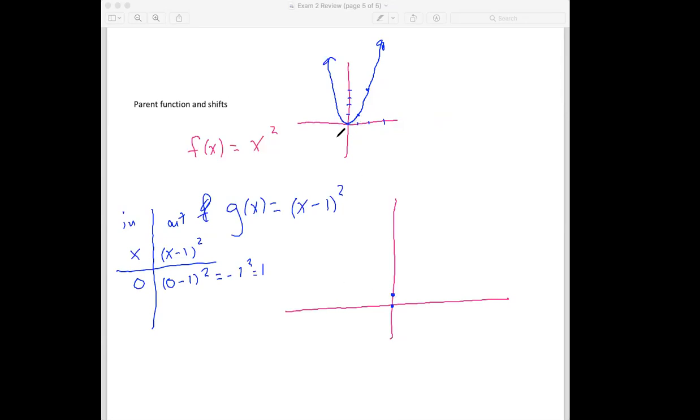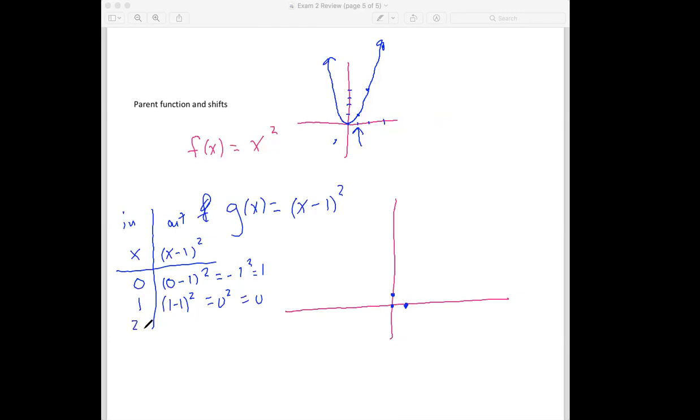And notice, before, we got a 1 out at 1. So now we're getting a 1 out at 0. Let's see what happens when we put a 1 in. Now this becomes 1 minus 1 squared, which is 0 squared, which is 0. So when you put in a 1, you get a 0.